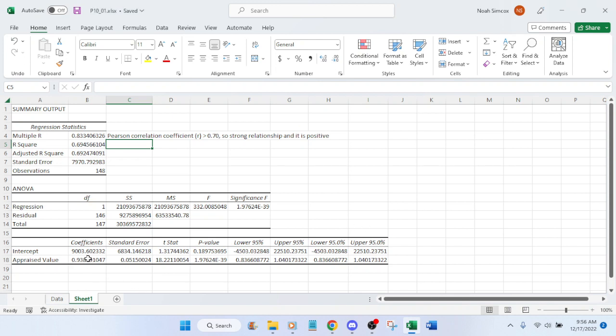What is this number as opposed to this number? If it was negative, wouldn't this number be negative?